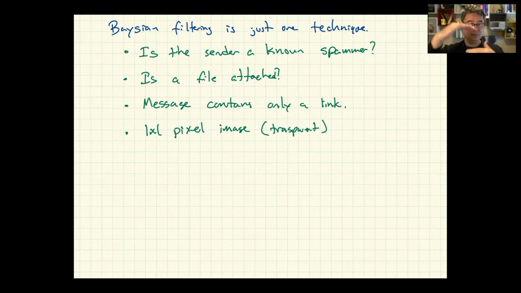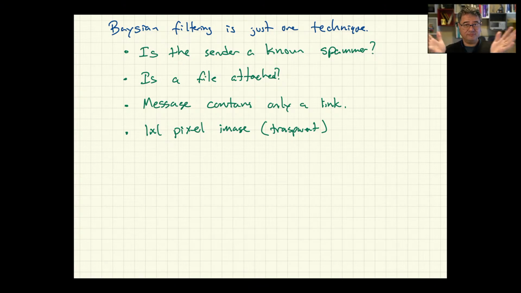So somewhere in that email message, there is a 1 by 1 pixel. You won't even see it, and it's transparent, so it just blends in with the background. And the purpose of this pixel is to let the sender know that you opened the message.